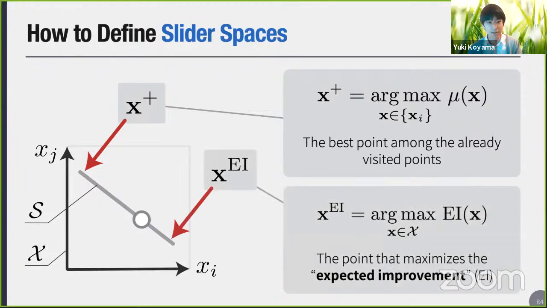And second, we choose the other endpoint called XEI, which is the point that maximizes the acquisition function. So note that we use the expected improvement here as an acquisition function, since it is a popular choice. Then by connecting these 2 points, we construct the one-dimensional slider space.